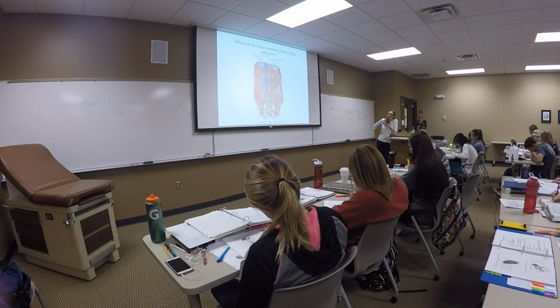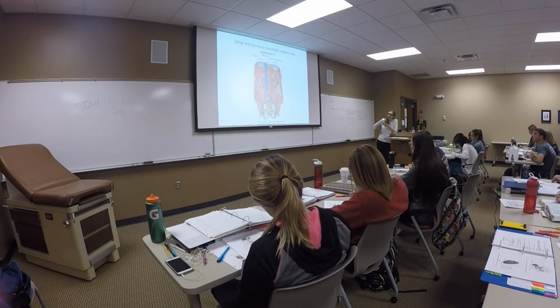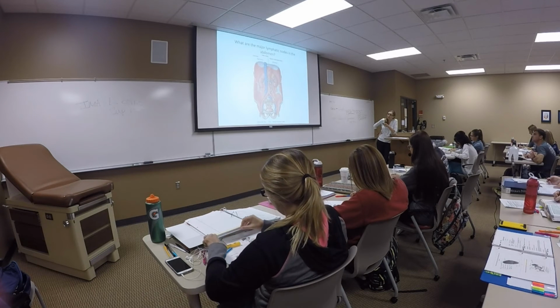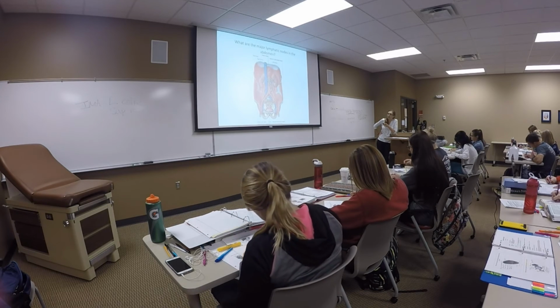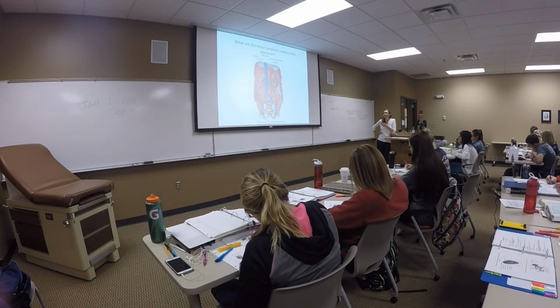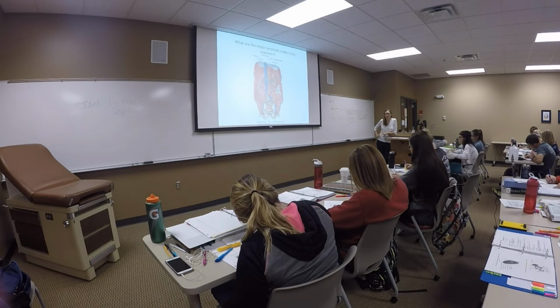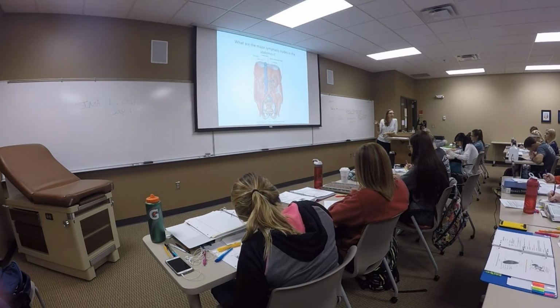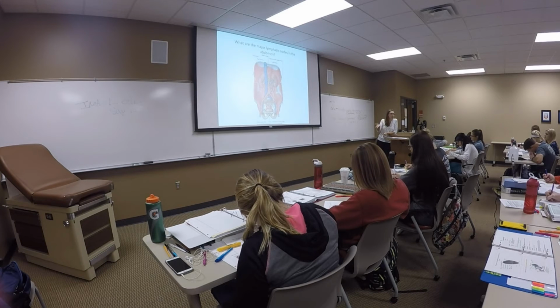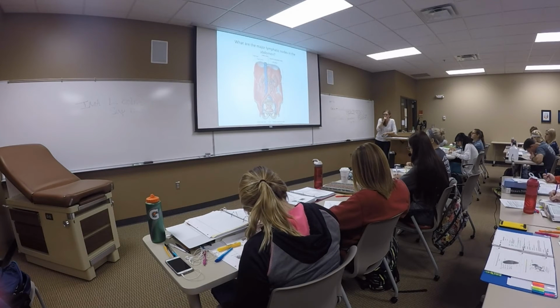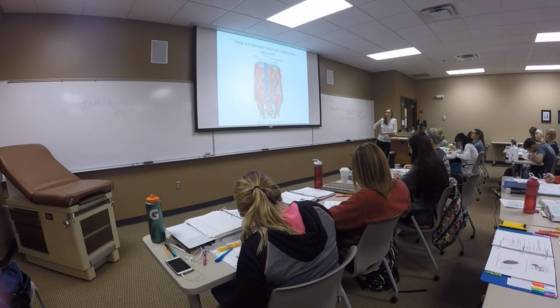So you see them kind of clustered here on the celiac trunk, and the superior mesenteric and the inferior mesenteric. And each of these clusters of nodes are draining the same area as that major aortic branch is supplying. So again, like the venous system, it's very closely mirroring the structure of the arterial supply.